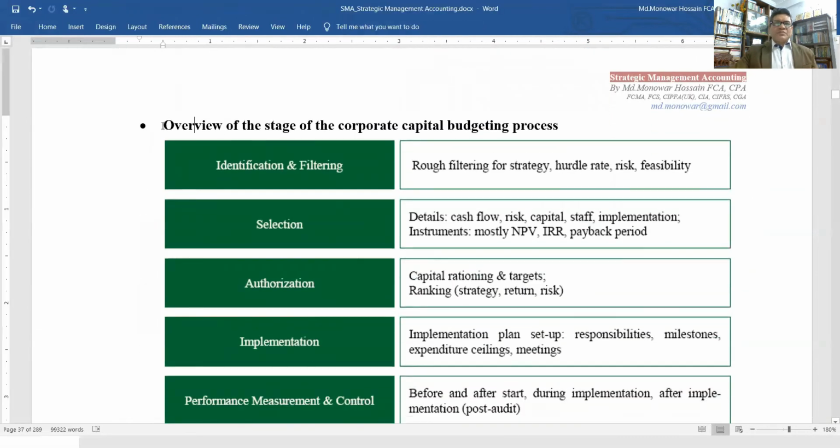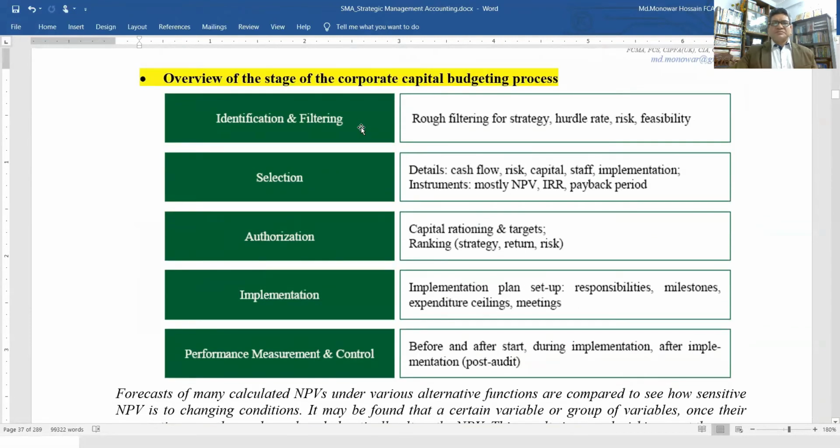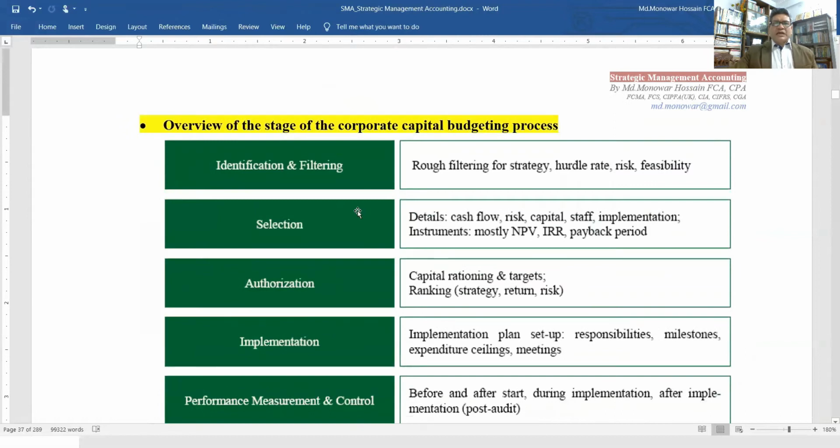So here is an overview of the stages of the corporate capital budgeting process. First, identification, then rough stage hurdle, risk, feasibility studies, then selection, details, cash flow, risks, capital staff, implementation, mostly NPV and payback period, authorization, capital rationing, and target, ranking, strategy, return, and risks.